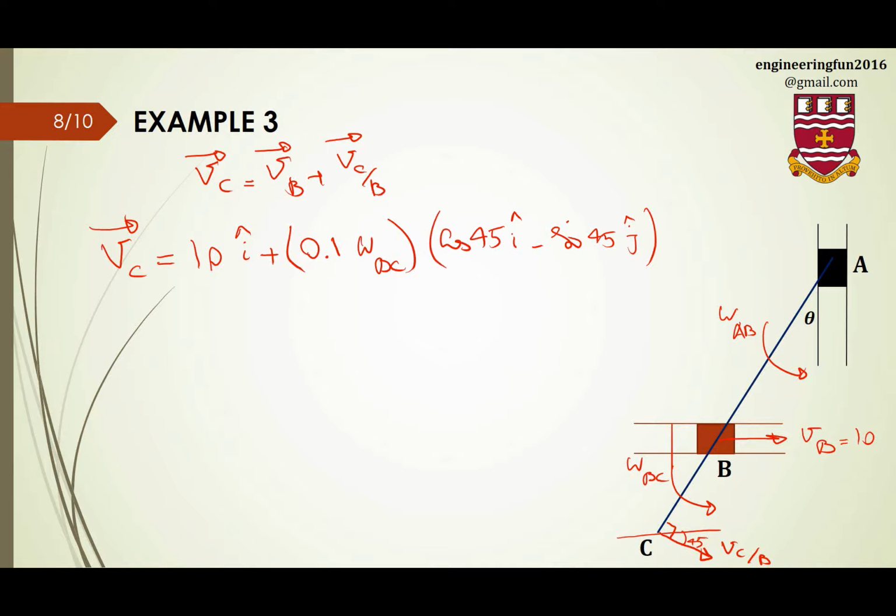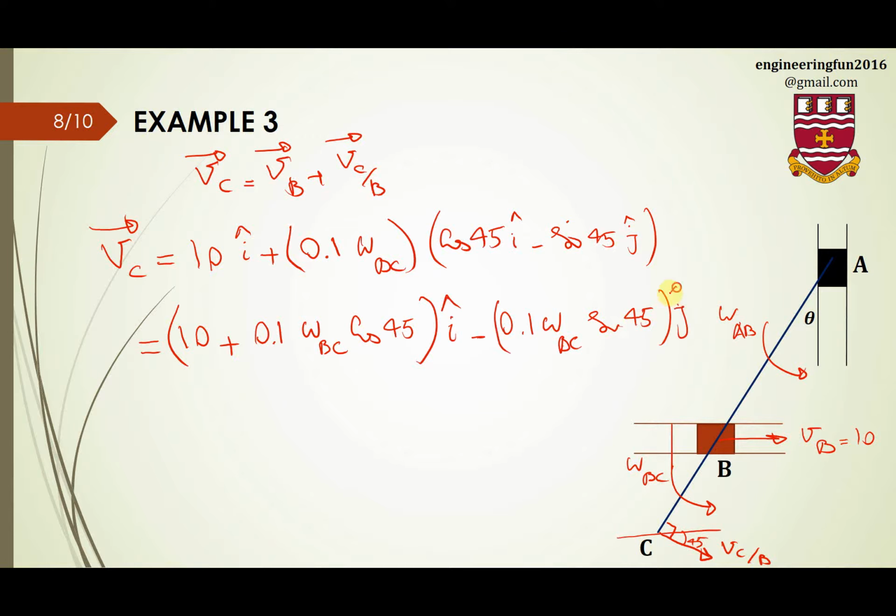Okay, so I can say the velocity of point C equals 10 plus 0.1 omega BC cosine 45 in the I direction, minus 0.1 omega BC sine 45, and this is the component in the J direction.